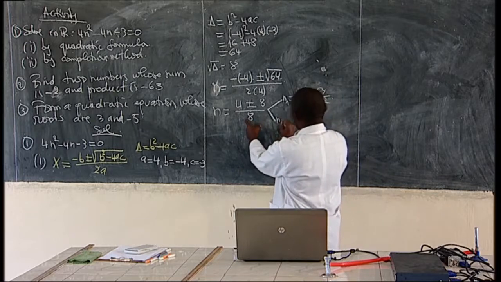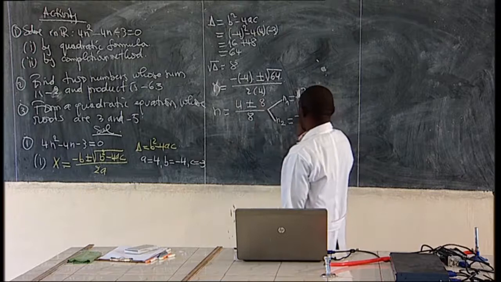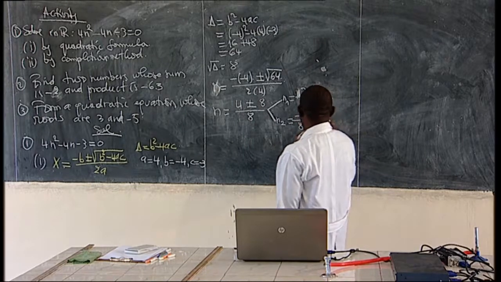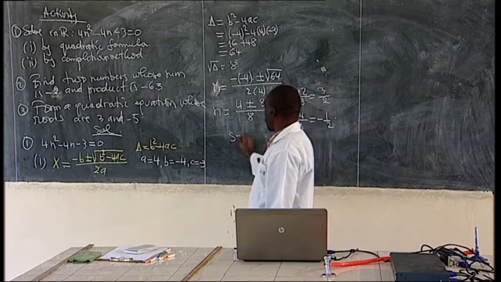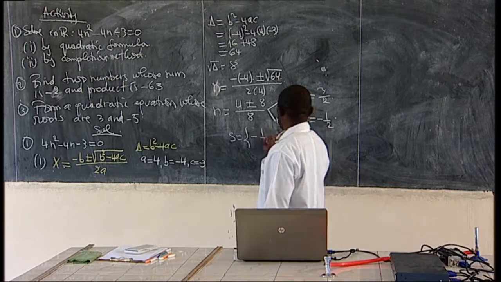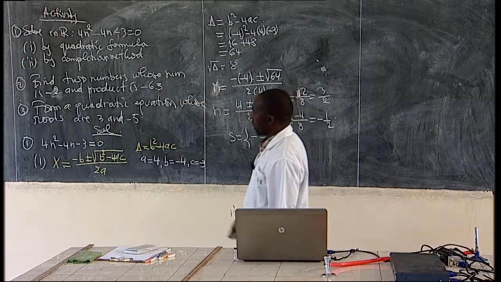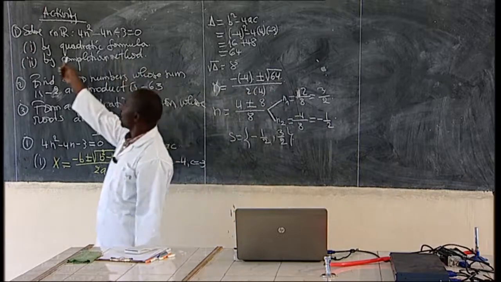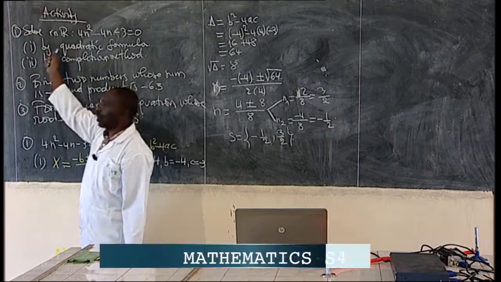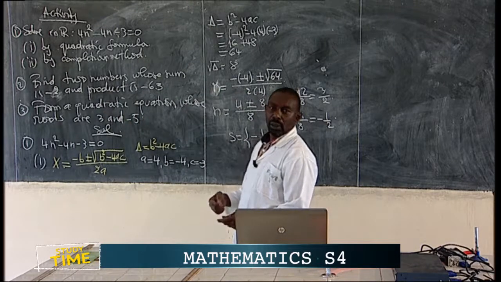And the other value, n2, is 4 minus 8, that is minus 4, divided by 8. This is -1/2. So the solutions are -1/2 and 3/2. That is the solution of our equation using the quadratic formula. I hope it's clear, right?